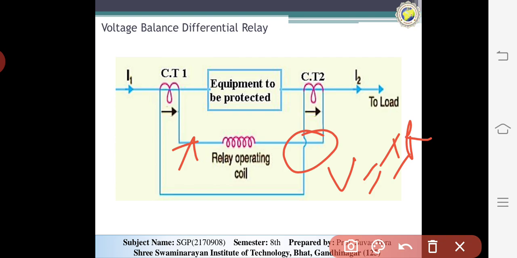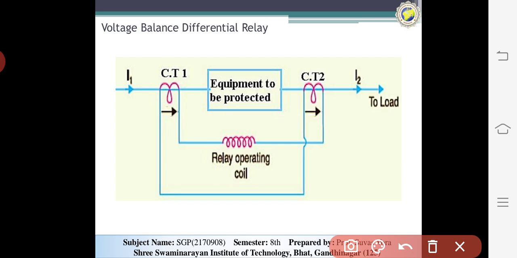In order to achieve this, the voltage should be a linear function of even a large current, and the CT should be air cored. So differential relays are ideally suited for the protection of compact items, for example electrical equipment such as generators, busbars, transformers, reactors, motors, short transmission lines, etc. This is the basic difference between the current and voltage balance differential relay.